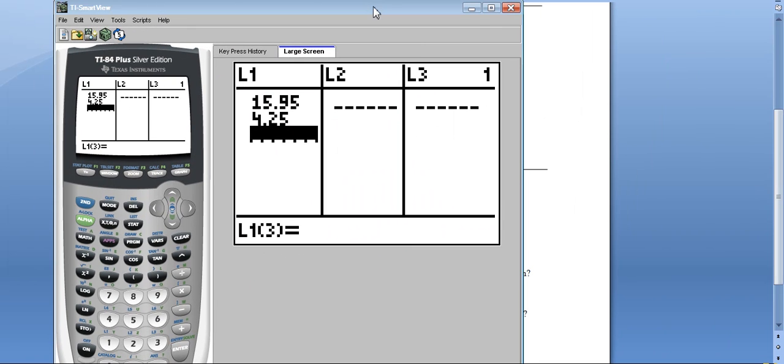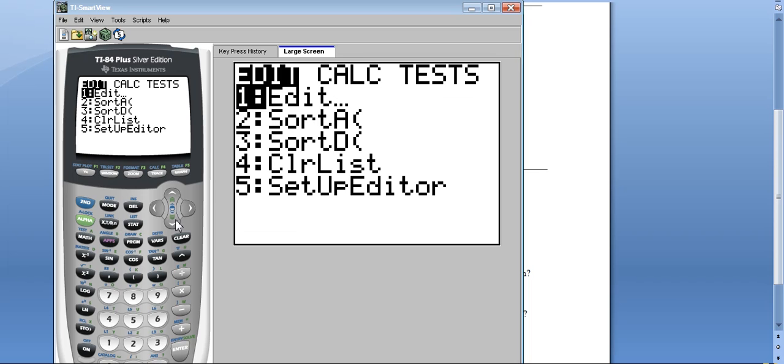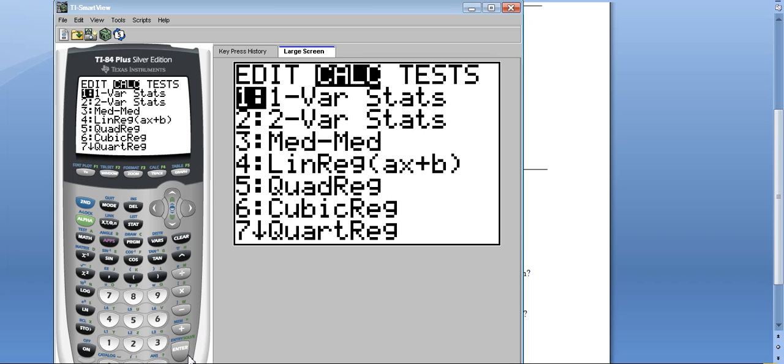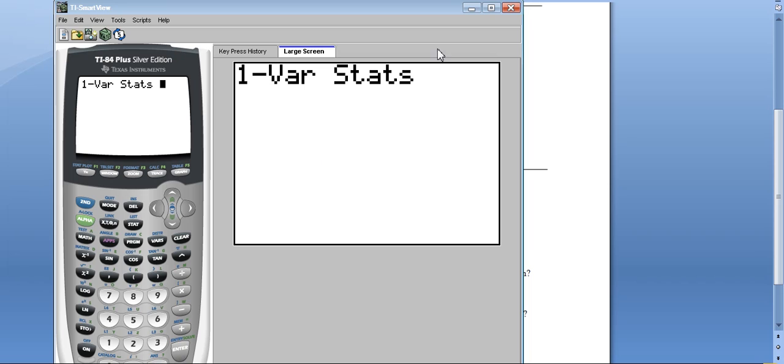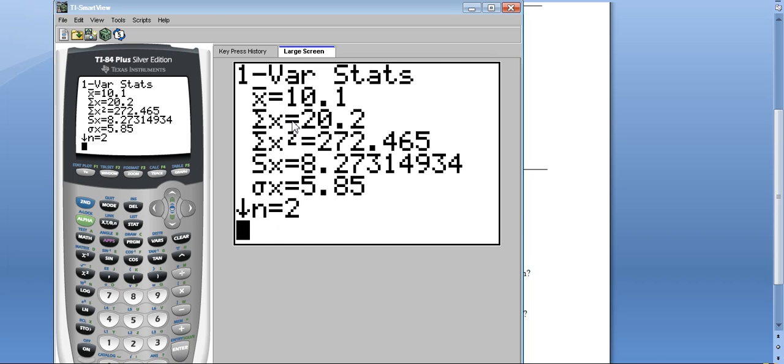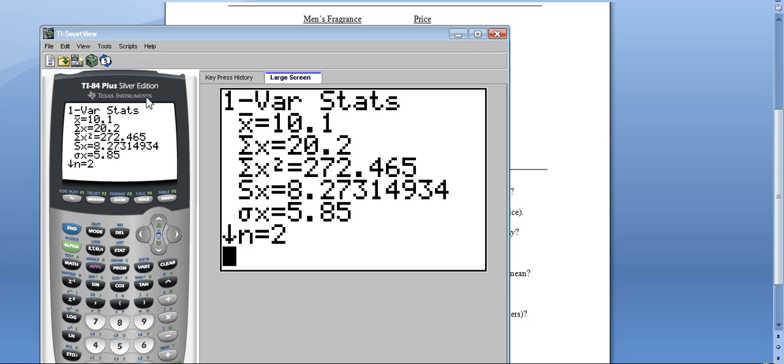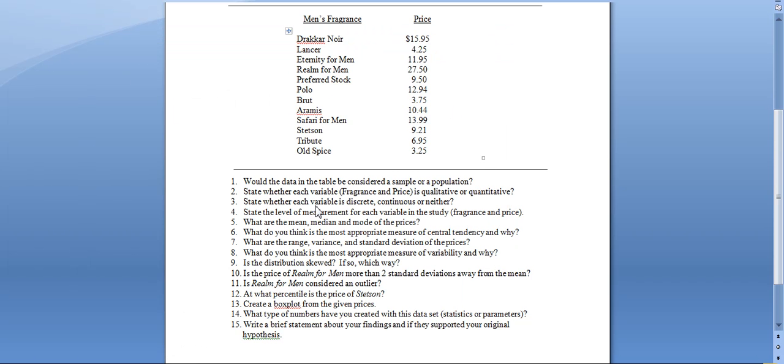Once you get those, you'll go into your descriptive statistics. Remember that's stat. Go over to calc, and then enter, and then you'll get your 1-Var Stats for list 1. Now I only put a couple data values in, but you'll get something that looks like this. So you'll use the calculator to compute the mean, median, and mode, your range, variance, and standard deviation, and so on.